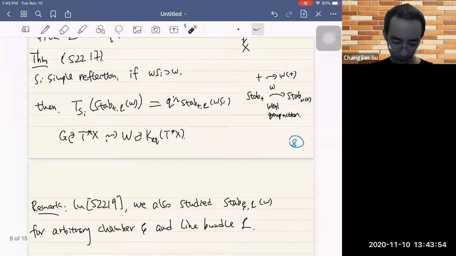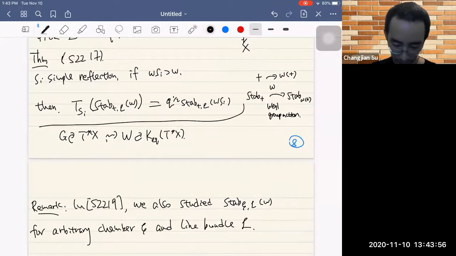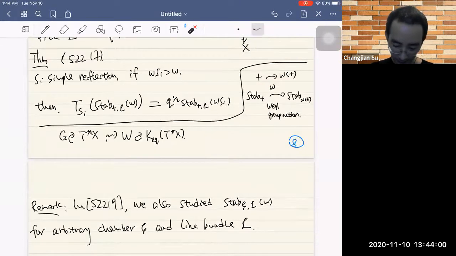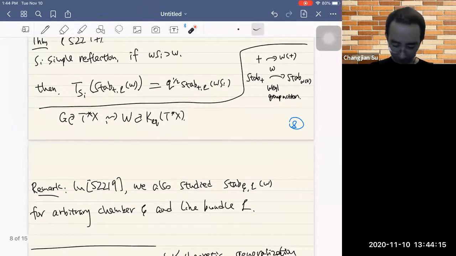Okay, so this is the change of these chambers, and the change of these alcoves, let me not write down. The change of alcove will be given by these Hecke operators.